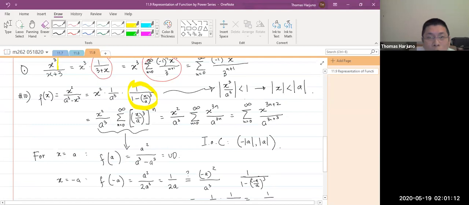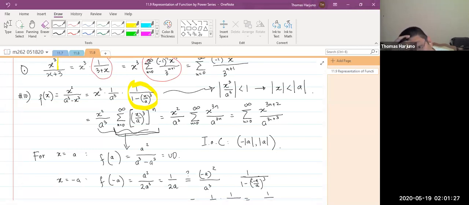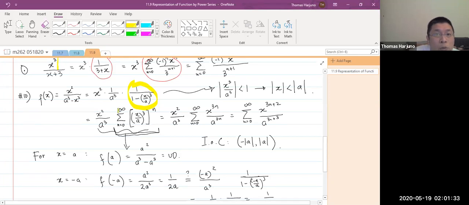But the one I'm supposed to check is this one, which, in my opinion, is supposed to be not convergent. My bad. I'm supposed to check not with this one, but with this one, with the series.